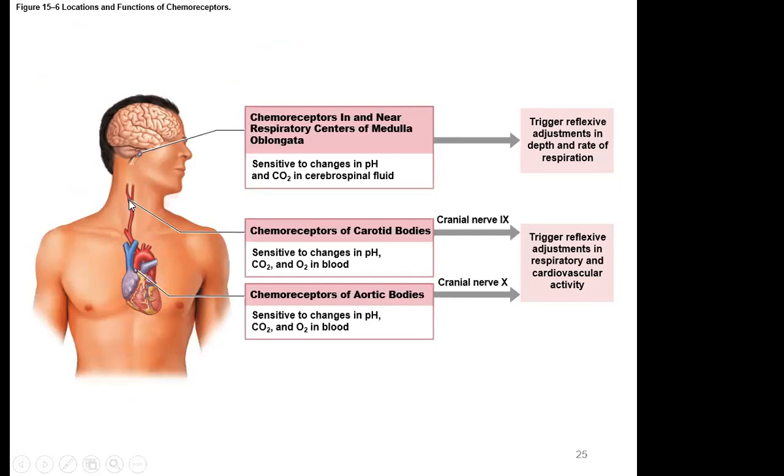So you can see chemoreceptors here in the neck, chemoreceptors in the heart. They talk to the chemoreceptors in the medulla oblongata in order to make sure that your lungs and your heart are working appropriately to maintain all of these very important chemical levels that your blood requires.